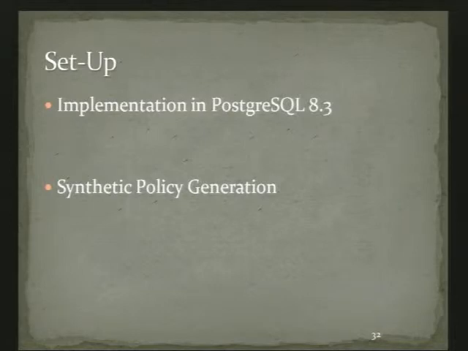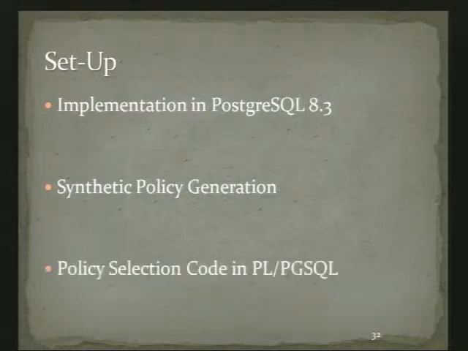We generated policies randomly. You select attributes and you randomly assign values to attributes, and that's how we generate synthetic data. And the policy selection code was in the procedural language of PostgreSQL, which is PL/pgSQL. So we didn't write it in C, which would have been much faster. But anyway, just to see how it looks.